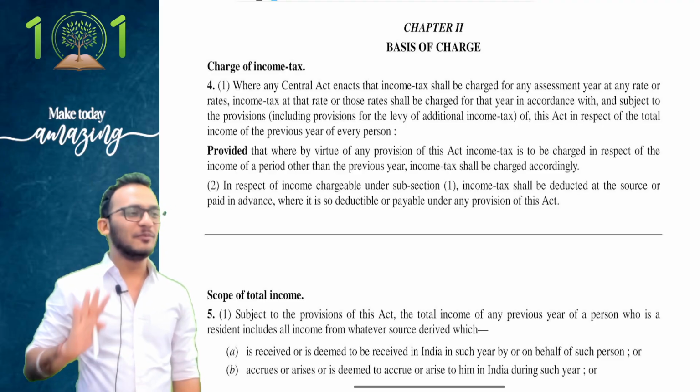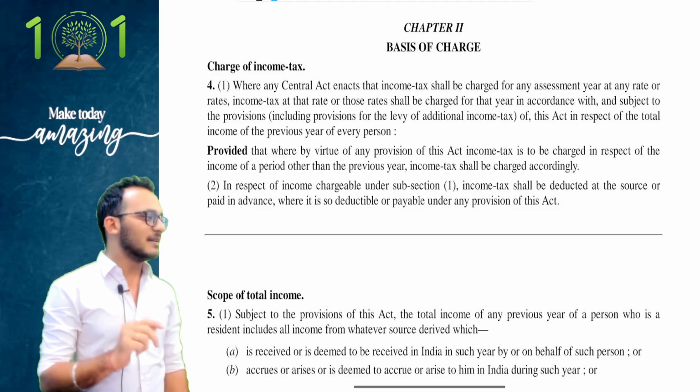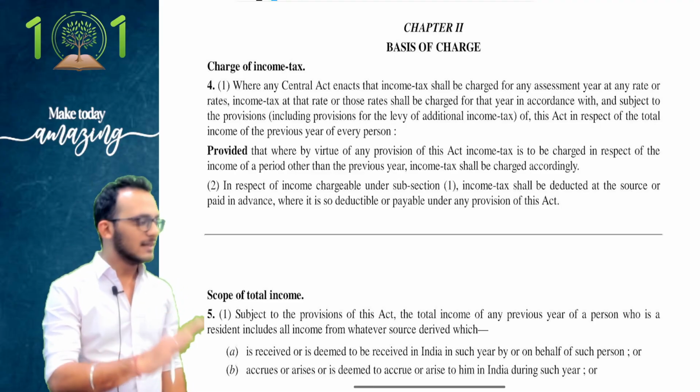Some big 4 lines are given. I'm going to break the 4 lines down a little bit, and we're going to simplify the English for our purposes. Let's look at this carefully.